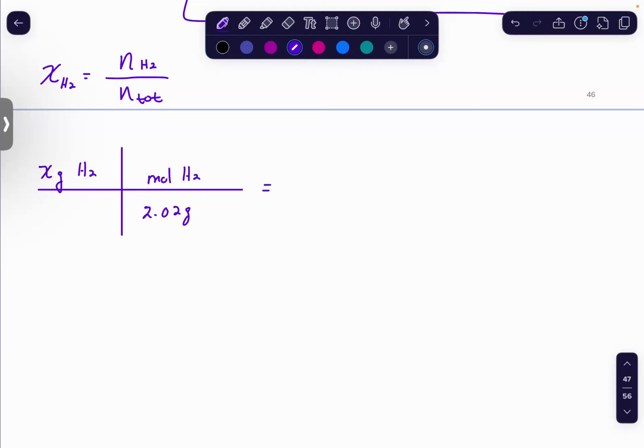That is going to be X over 2.02 moles. Let's separate this out to 1 over 2.02 times X moles. And 1 divided by 2.02 is going to be 0.495 X moles of hydrogen.